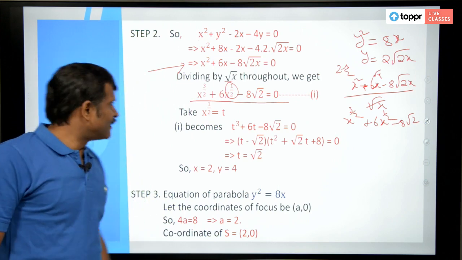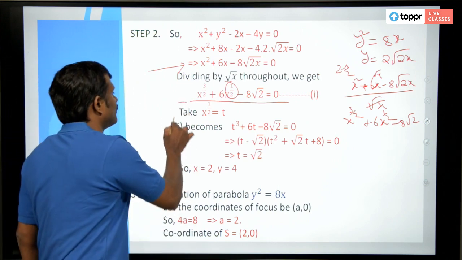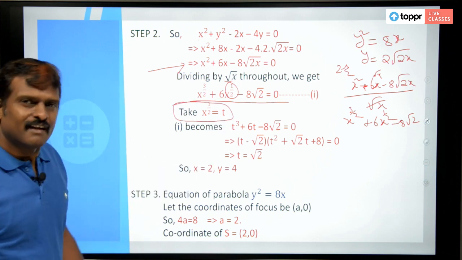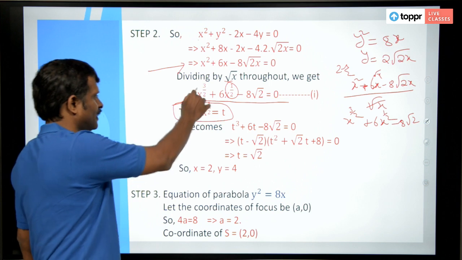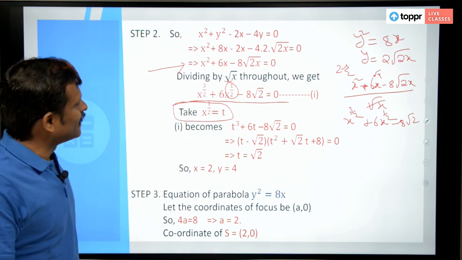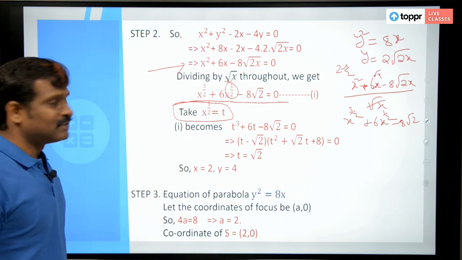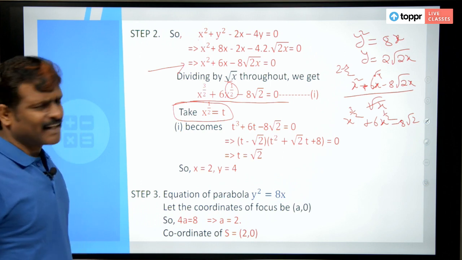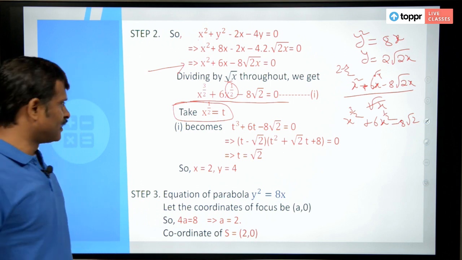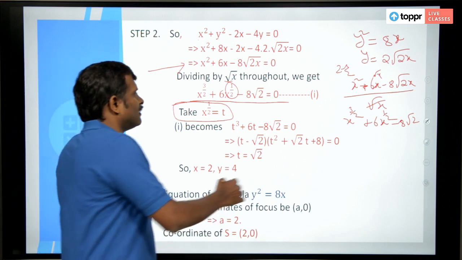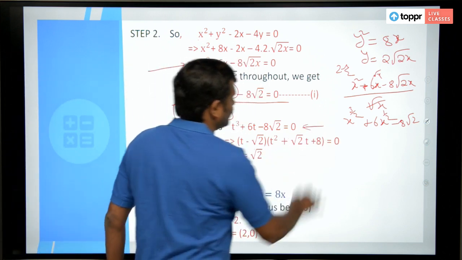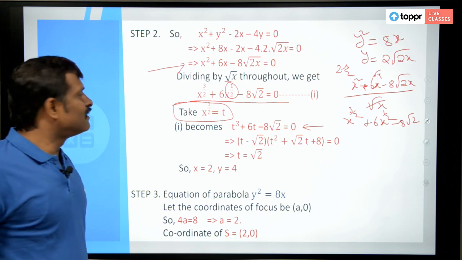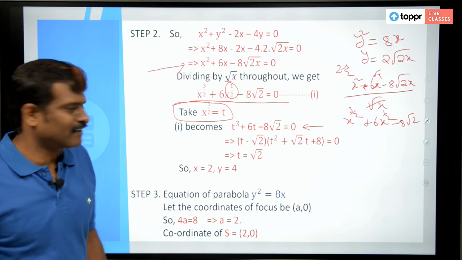Now I am replacing x power half with t. Then what will I get? t cube plus 6t minus 8 root 2 is equal to 0. This is a polynomial in the variable t. By using maybe the remainder theorem or factor theorem, I substitute root 2 in it and get 0, which means t minus root 2 is a factor of that equation.